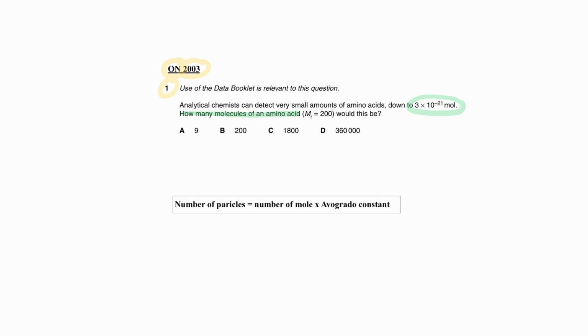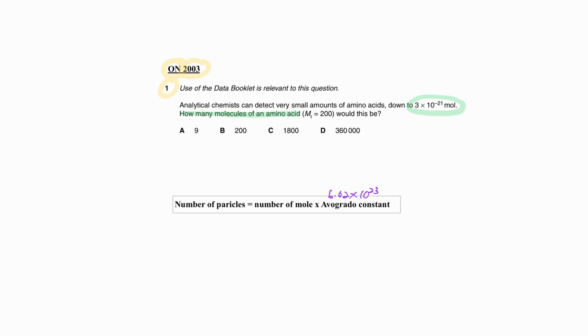So we could make use of this equation in getting the total number of particles, here molecules of the amino acid, by getting the number of moles multiplied by the Avogadro constant. The Avogadro constant, we can get from the data booklet first page, and it is 6.02 times 10 to the power of 23.